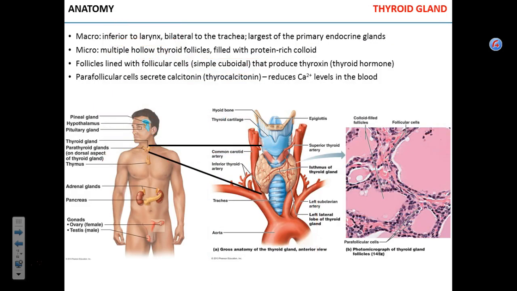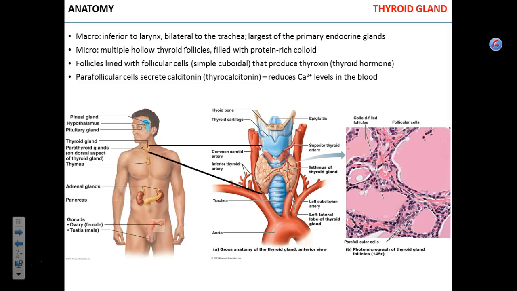Thyroid. My favorite, honestly, among all endocrine glands, my favorite is the pancreas, of course, but we'll get to that. Thyroid gland, right here. Okay, so it's under the larynx, which is here, anterior to the trachea.